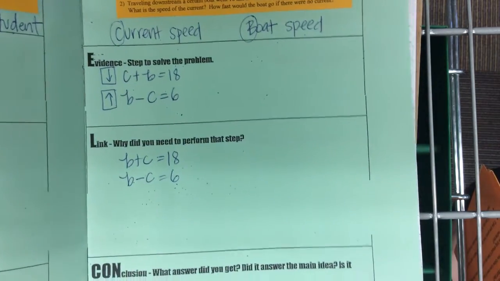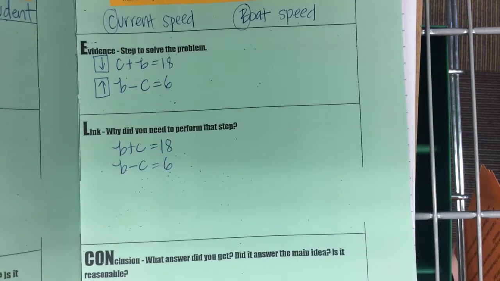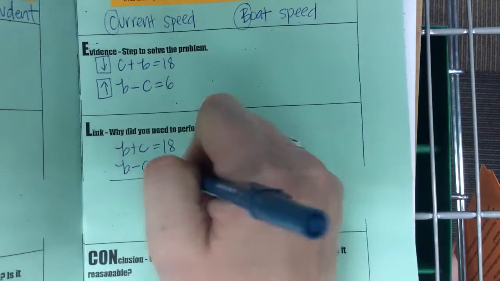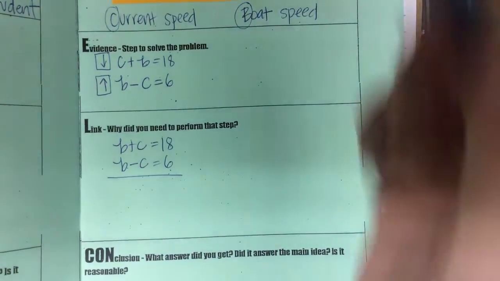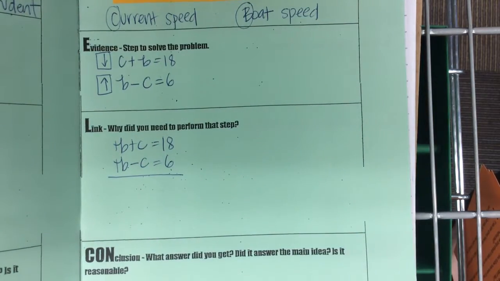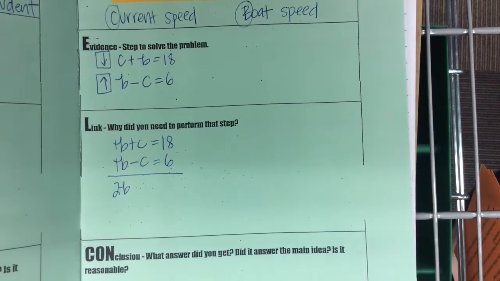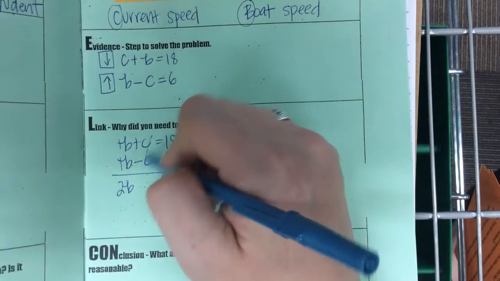Ladies and gentlemen, what's going on? It's an easy problem, right? What's 1B plus 1B? 2B. What happens to our C's? They cancel.